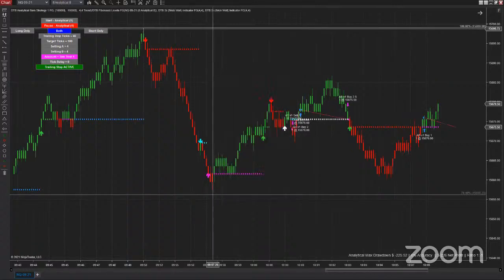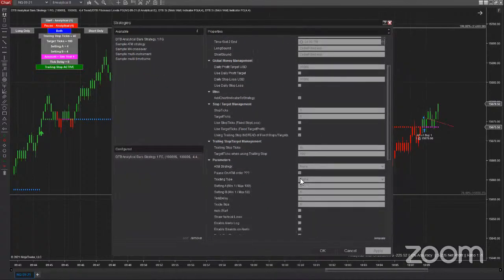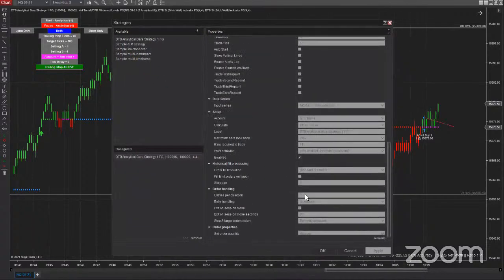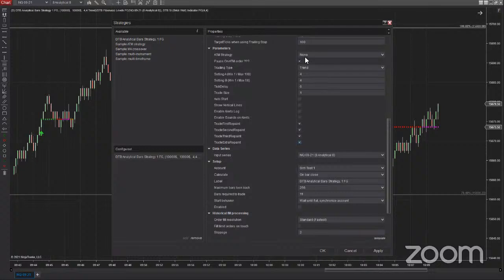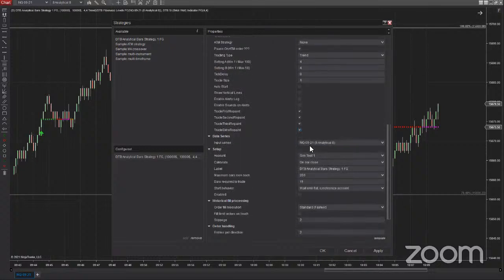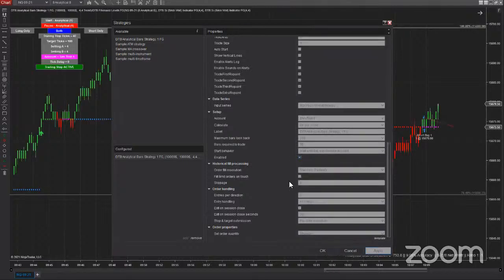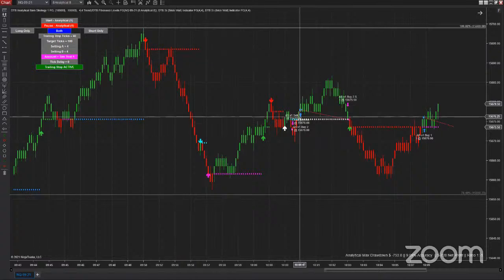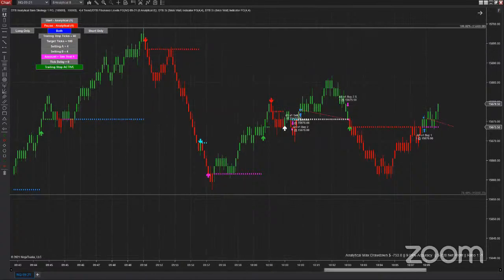So strategies, this might not have all the repaints and things selected. Let's have a look. So it's the default settings, 4-4, enable, apply, okay. No, it's not showing those specific ones.